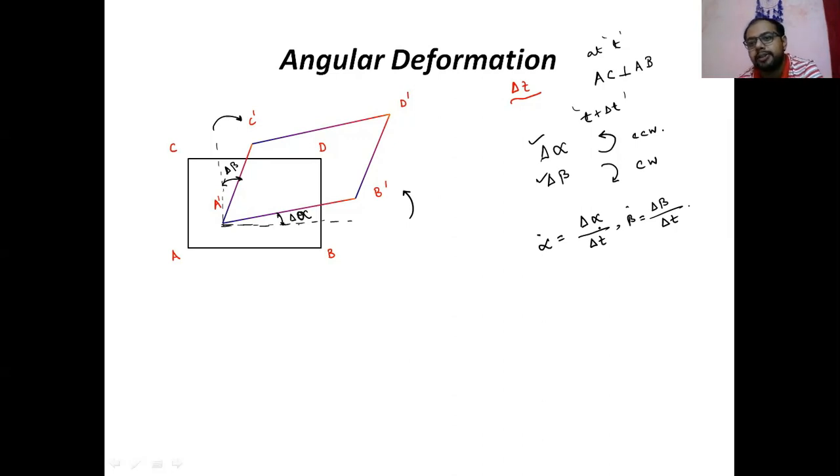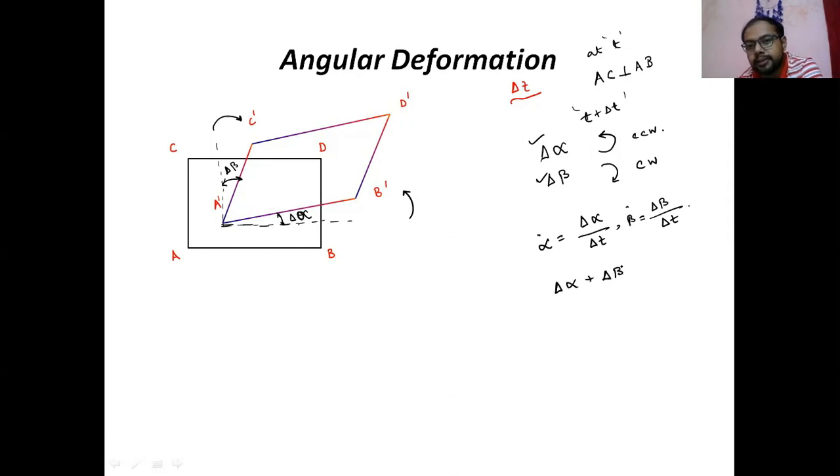So what is the total deformation? Previously, about AB and AC, the angle was 90 degrees. Previous angle was perpendicular. Now how much angle change? Now at delta t time, what is the change? Angular change, angular deformation, how much? The angular deformation is del alpha plus del beta.